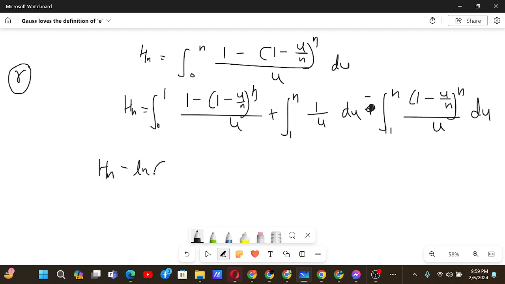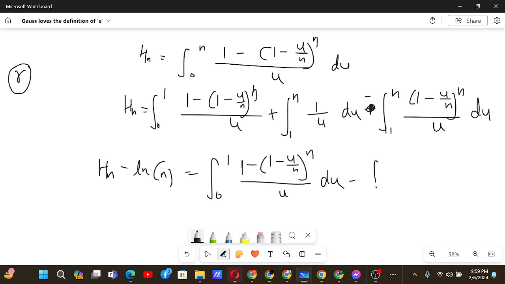See how cleverly he gets the condition for the Euler-Mascheroni constant and also for the e over here. He's really good at making these manipulations. Minus the integral from 1 to n of (1 minus u by n to the power n) over u du.